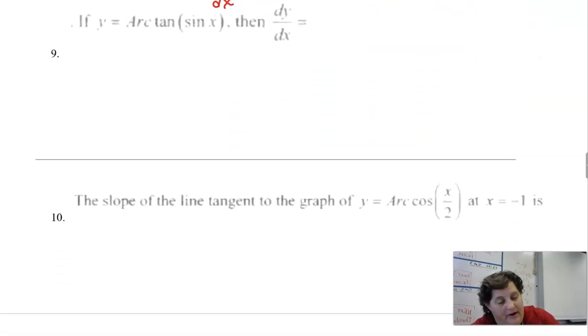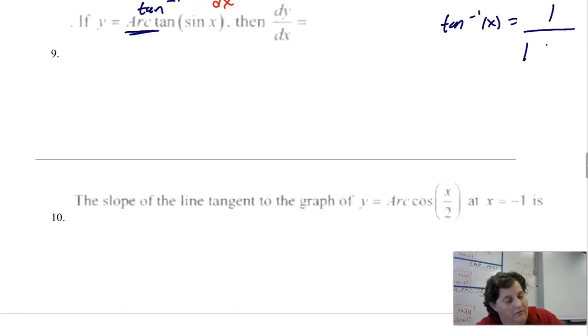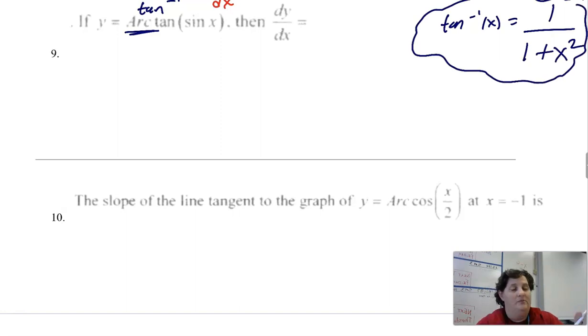Cool. Remember that arctan means the same thing as inverse tan. We have a formula for that, and I will have the formulas up on the board during your test. So you would see this: the derivative of inverse tan x is 1 over 1 plus x squared. Now, you've got to memorize that eventually, okay? So what would the derivative be?